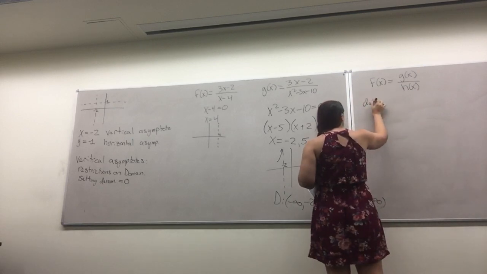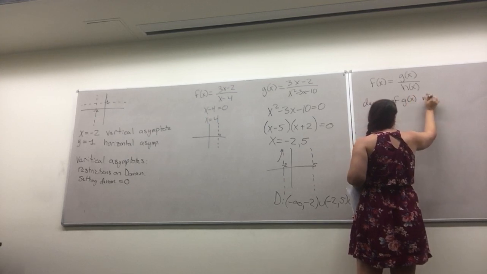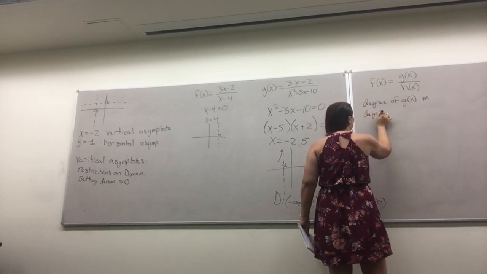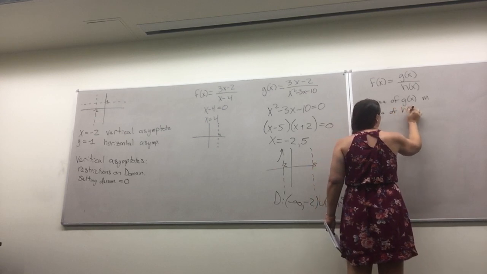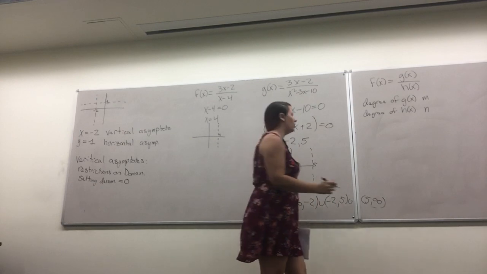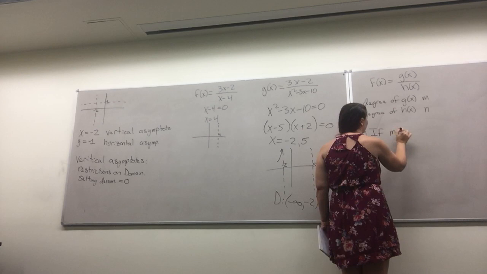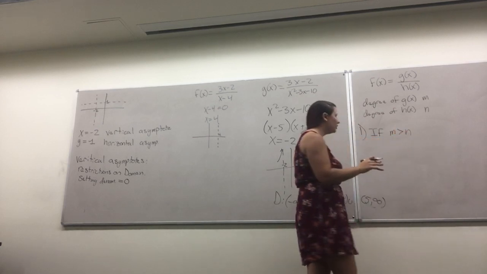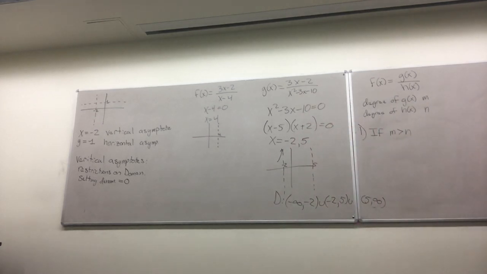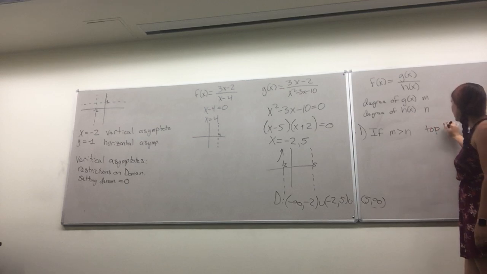So the degree of g of x we'll call m, and the degree of h of x we'll call n, all right? So, first option is if m is bigger than n, meaning what? That the top degree is bigger, right? So the top is bigger, essentially is what we're saying.